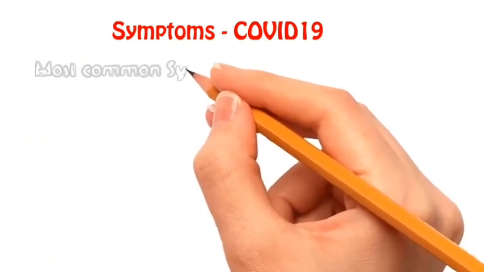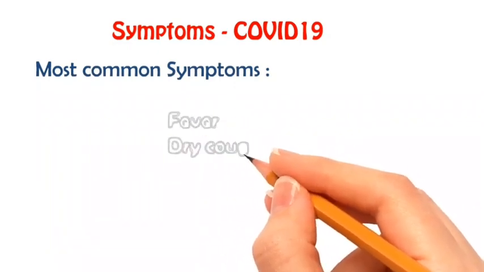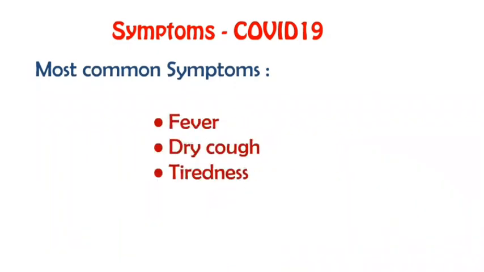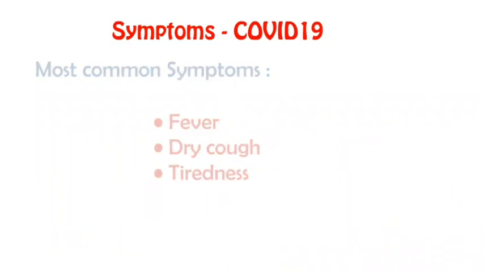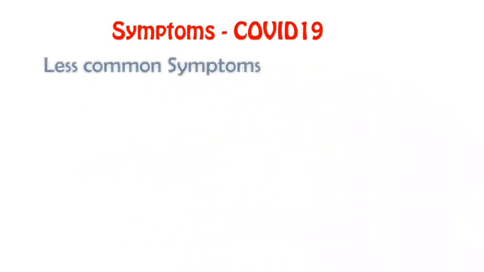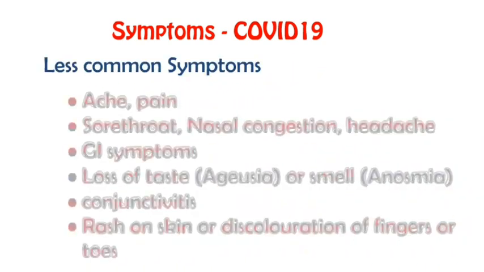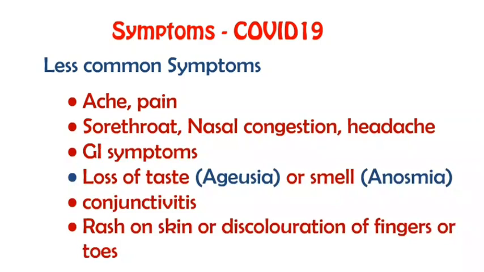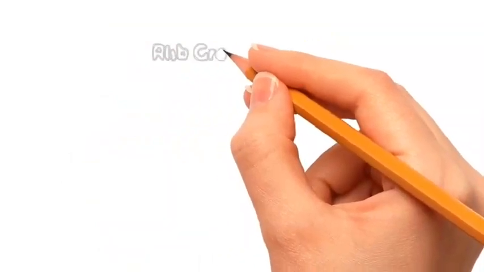The most common symptoms include fever, dry cough, tiredness. Ache, pain, sore throat, nasal congestion, headache, GI symptoms, loss of taste or smell, conjunctivitis, rash on skin or discoloration of fingers or toes are some of the lesser common symptoms.